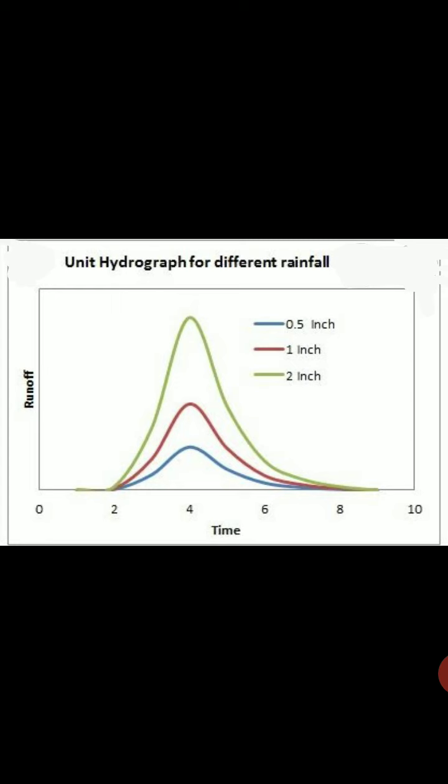Compute the volume of the direct runoff, which is equal to summation of O into t into 3600 cubic meter, where summation O is the sum of the direct runoff ordinates in cumec and t is the time interval in hours between the successive ordinates.